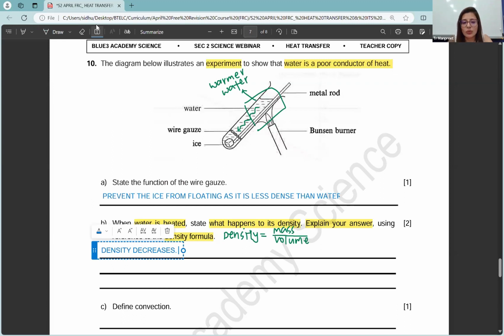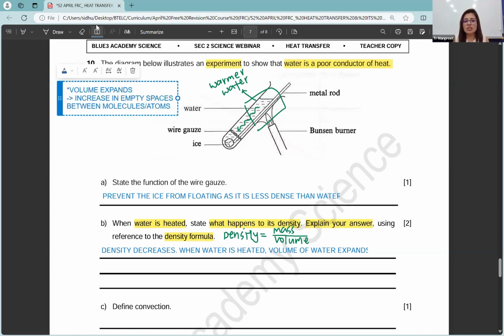Why? When water is heated, it will expand, so the volume of water expands. Now take note, when expansion takes place, it is not that the molecule or the atom becomes bigger. When I say volume expands, something important: there's an increase in the empty spaces between the molecules or the atoms.